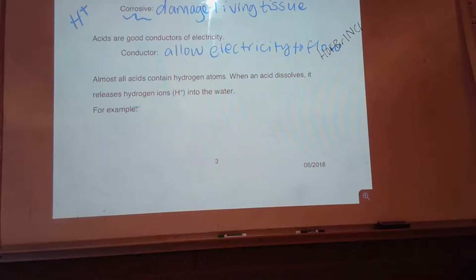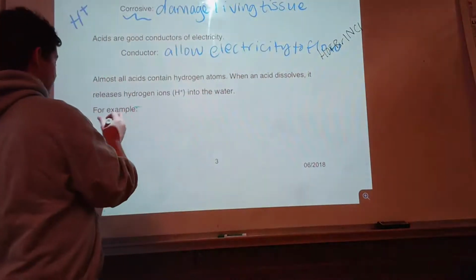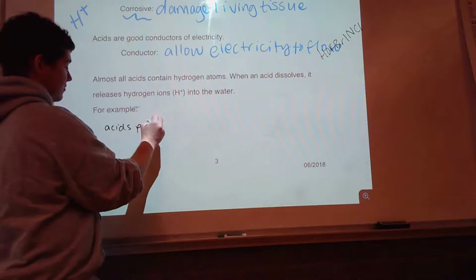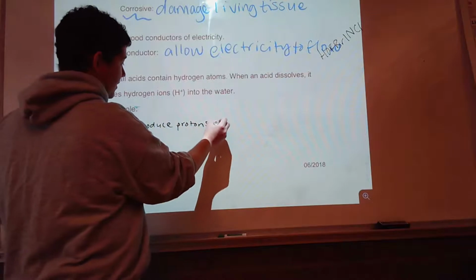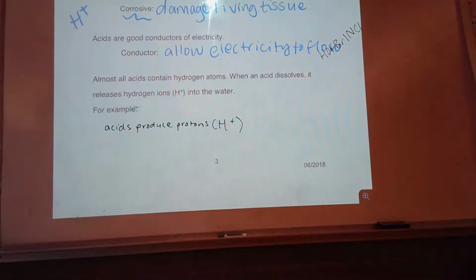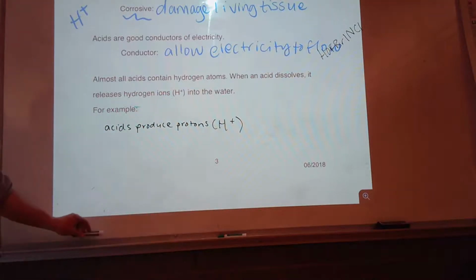So, like I was saying, acids produce protons, which are just H plus ions. And because acids have these H plus ions, these ions are free to move, and these ions can allow electricity to flow through. So that's pretty much the reason why they allow charge to be carried.